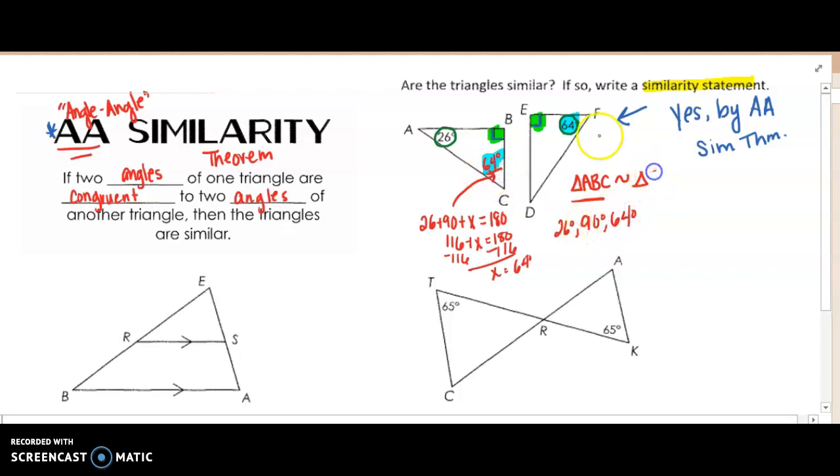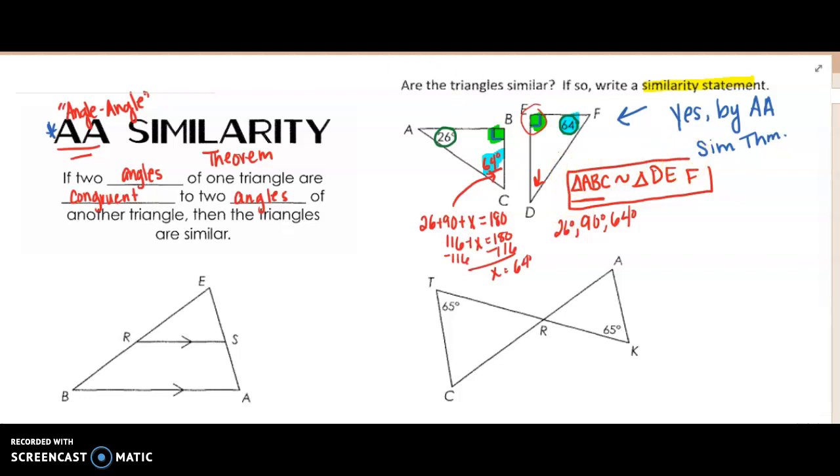So when I write the order of this triangle here on the right, it has to be in the same order. So the 26 degree angle has to be right here at D. My 90 degree angle is here at E, and my 64 degree angle is at F. So here's my similarity statement.